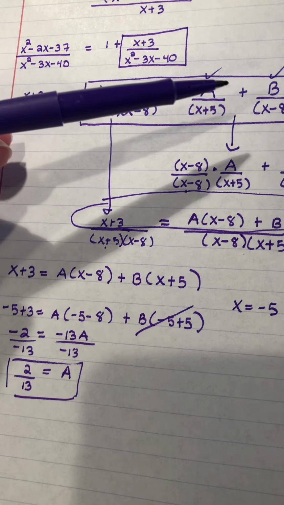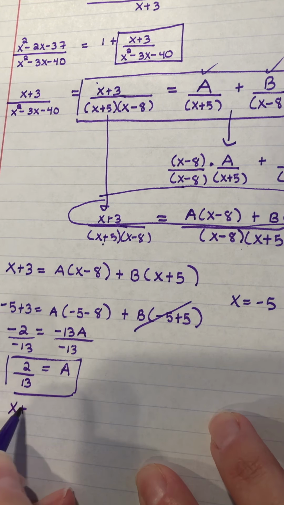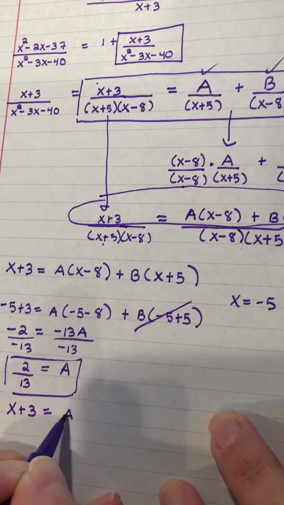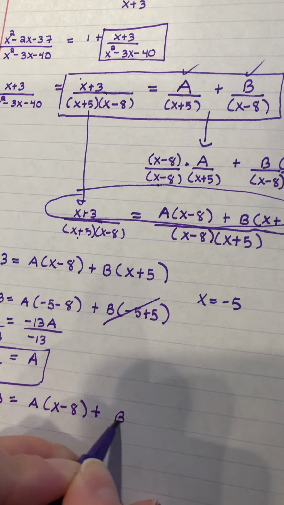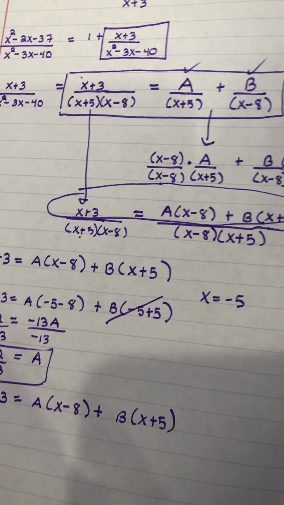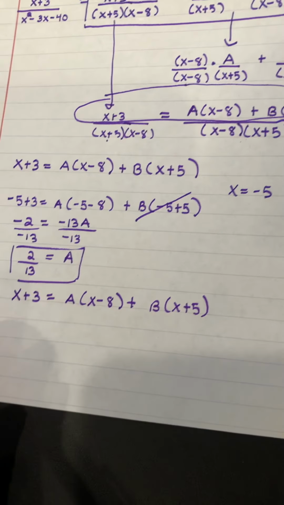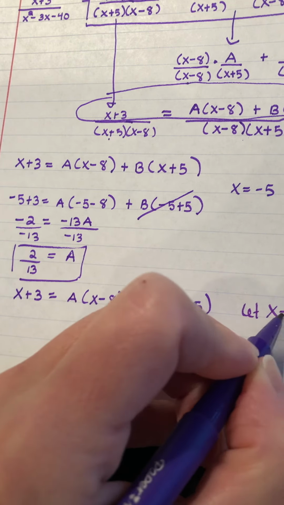Now I'm going to do the same thing to solve for b, right? Again, x can be anything. I don't know what x is. It's a variable. So I'm going to now let x be 8. Okay, why not? I need to solve for b. So let x equal 8.